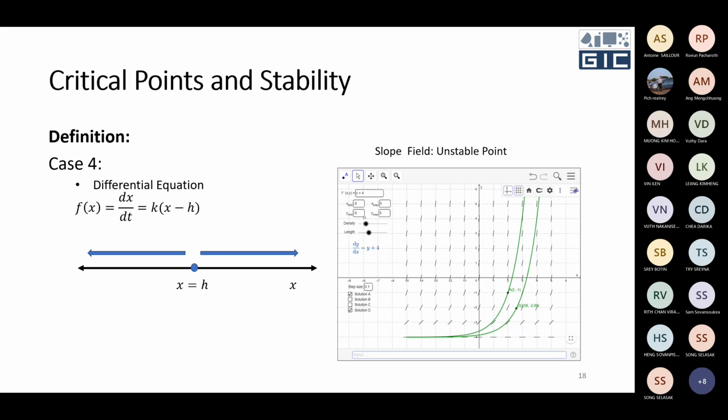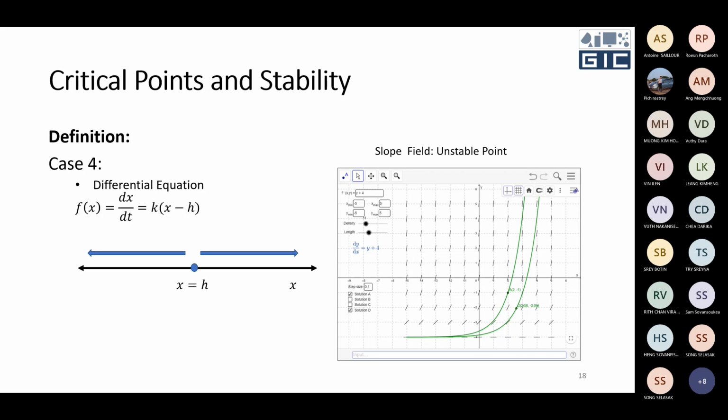And we have two cases for unstable, semi-unstable point. It means that one part of the system tries to reach the stable point and the other part tries to leave the stable point.